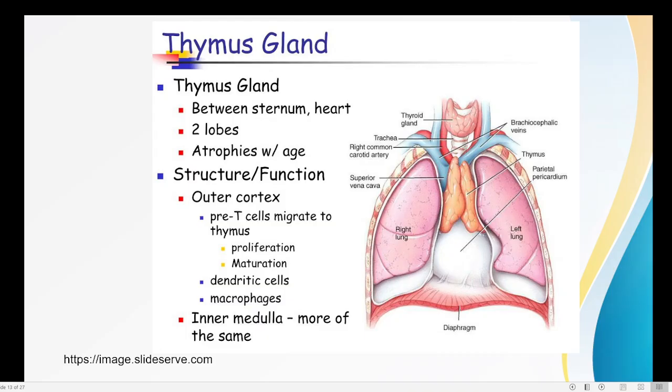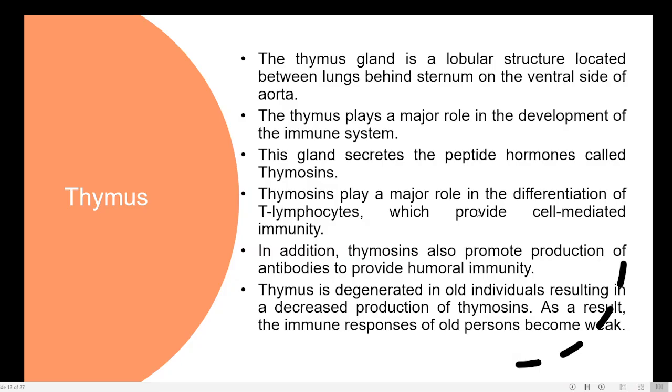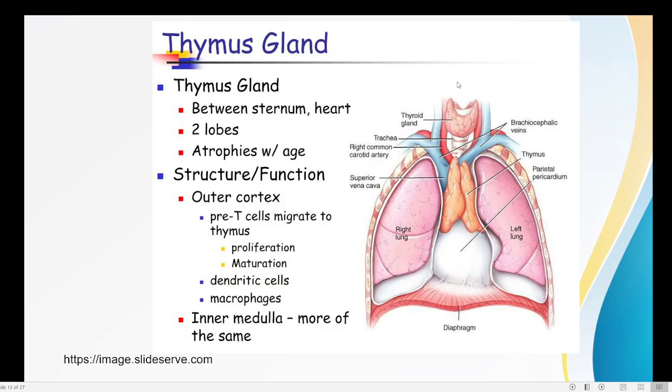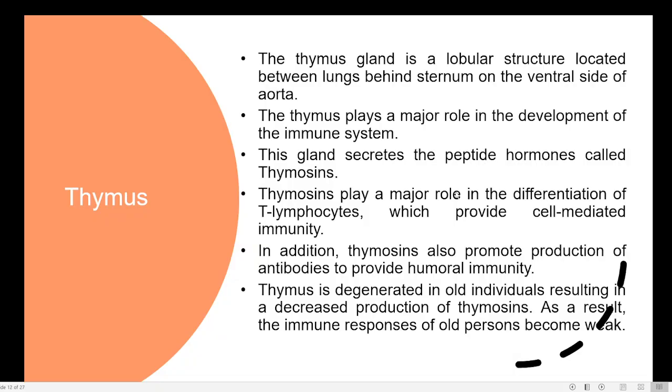So between two lungs, and on the ventral side of the aorta, just behind your sternum, you can see that two lobes are there, and that is known as the thymus gland.